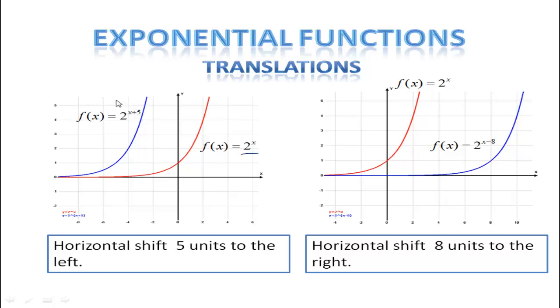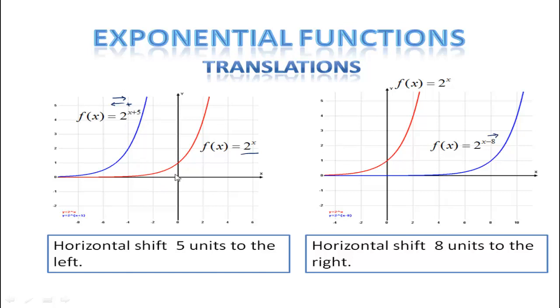It's either going to move to the right or to the left. How do I know? Well, if it's plus 5, it moves to the left. If it has a plus, it moves to the left. If it were minus, like over here, it moves to the right. How many units? The number that it says here. It's going to move 5 units.